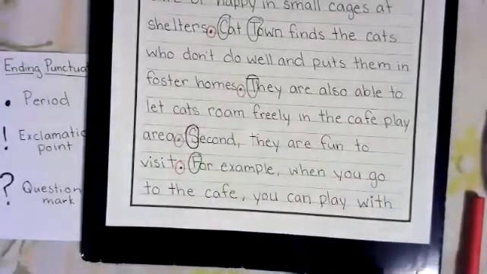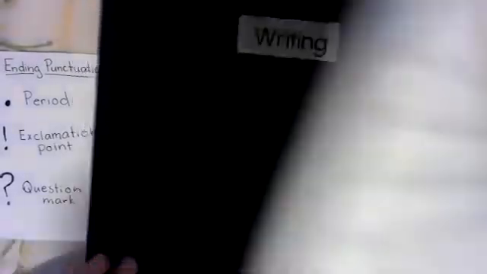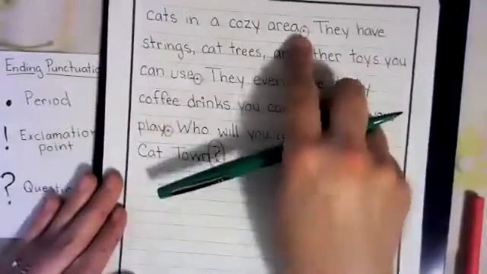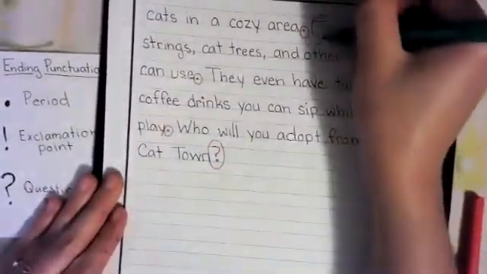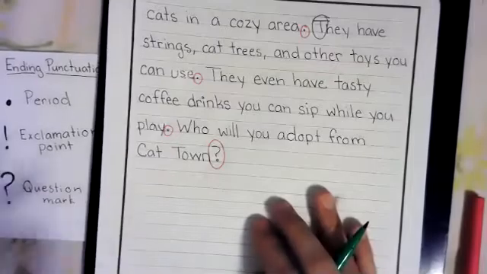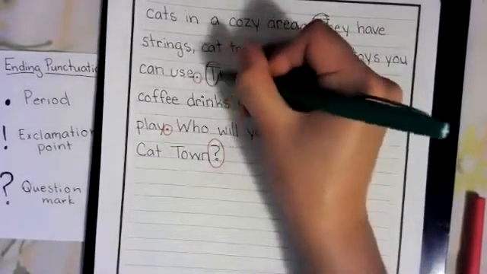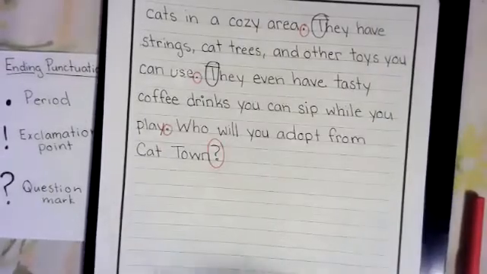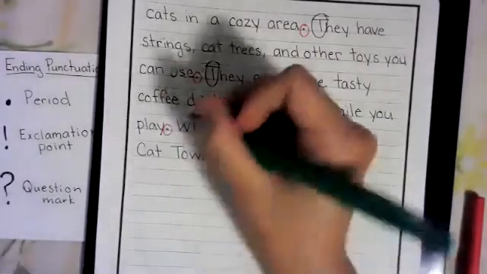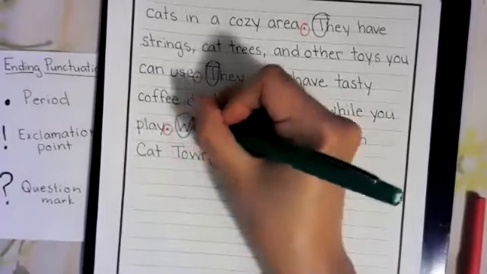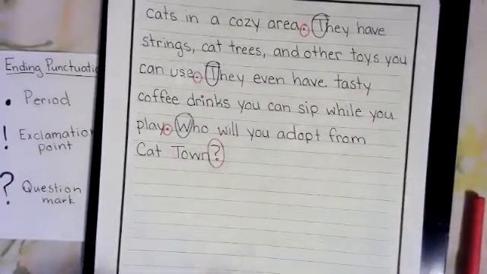When you go to the cafe, you can play with cats in the cozy area. They have strings, cat trees, and other toys you can use. They even have tasty coffee drinks you can sip while you play. Who will you adopt from Cat Town?